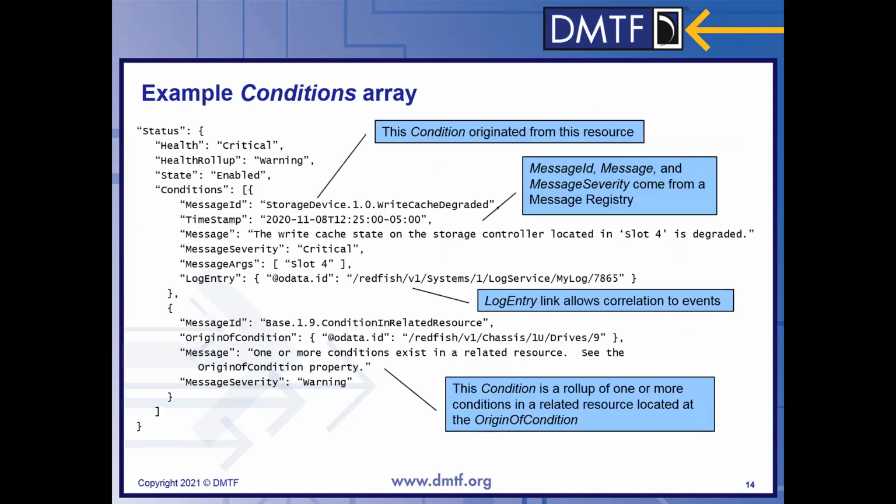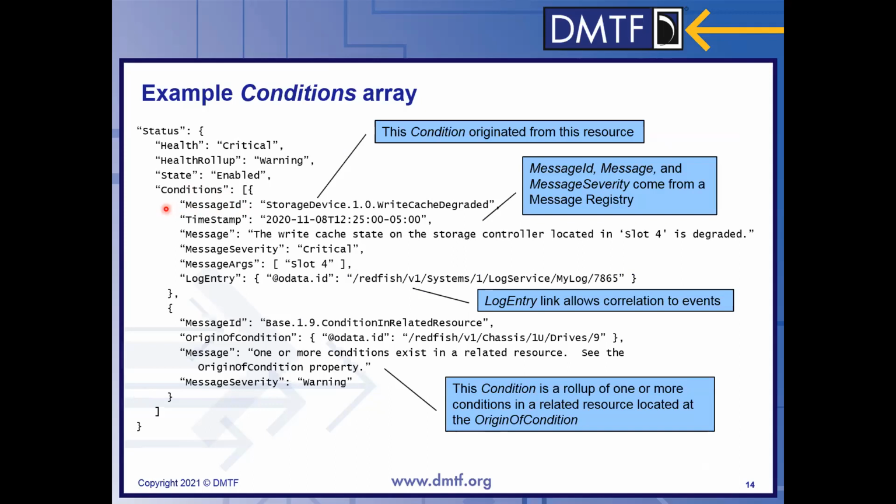So this is an example of what the conditions array looks like. We have our common status object with health, rollup, and state. Health is critical in this case. And so as a client, I'd like to see why the health is critical. Stepping through the conditions array, I start seeing a set of messages, using the normal type of message semantics that we use elsewhere in the data model.